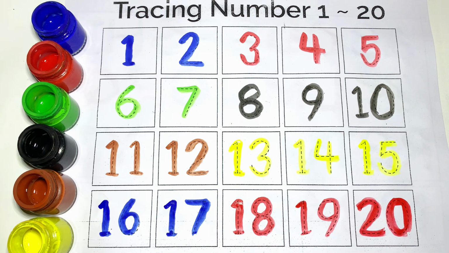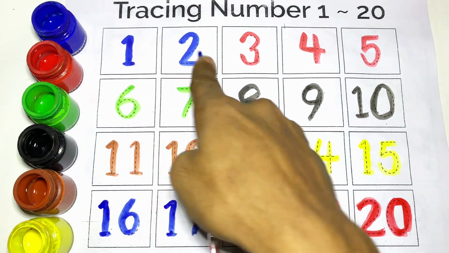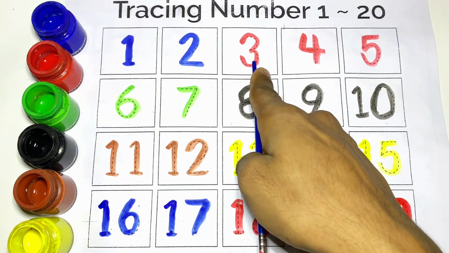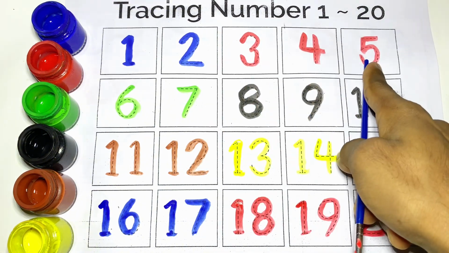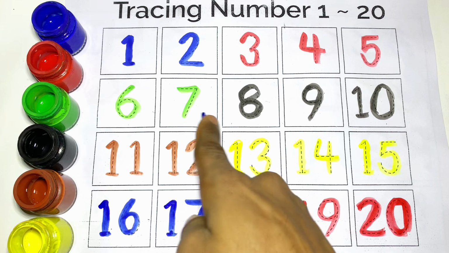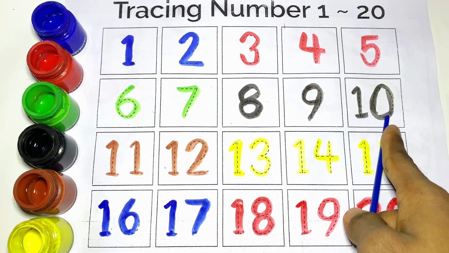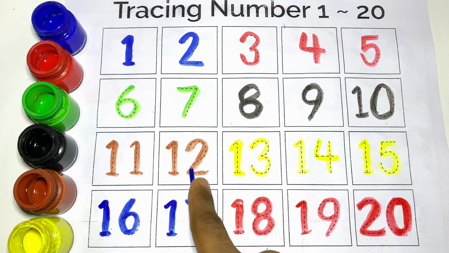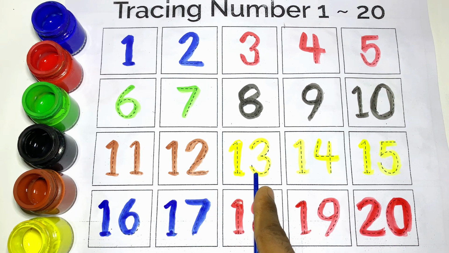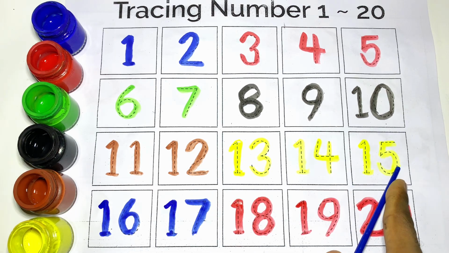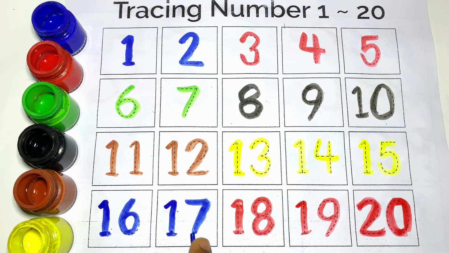Kids, today we drew 1, 2, 3, 4, 5, 6, 7, 8, 9, 10, 11, 12, 13, 14, 15, 16, 17, 18, 19, and 20.